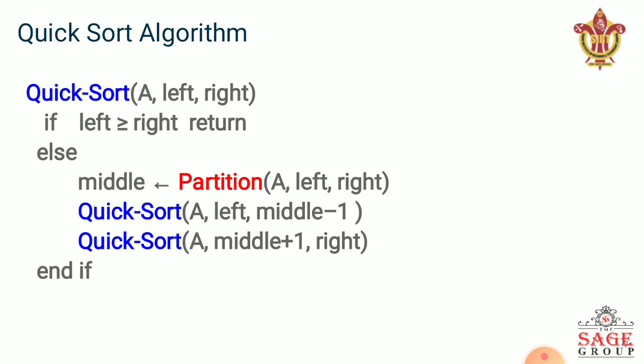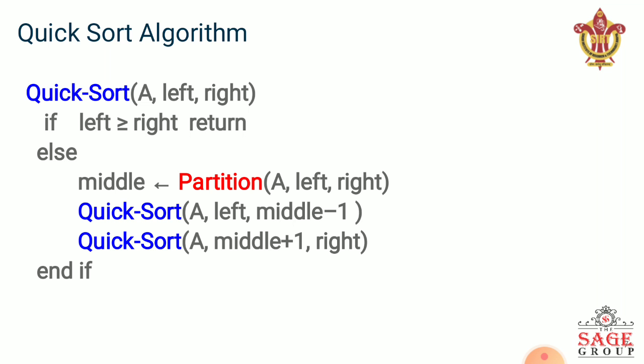The middle is the position of the pivot, which is received after we apply the rules of the quick sort partition procedure. So we recursively apply quick sort from left to middle minus one, and separately apply quick sort from middle plus one to right.